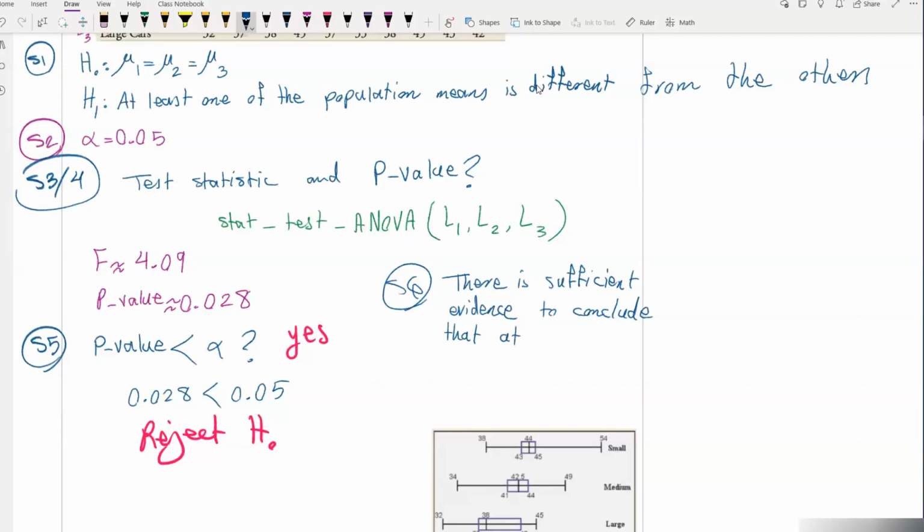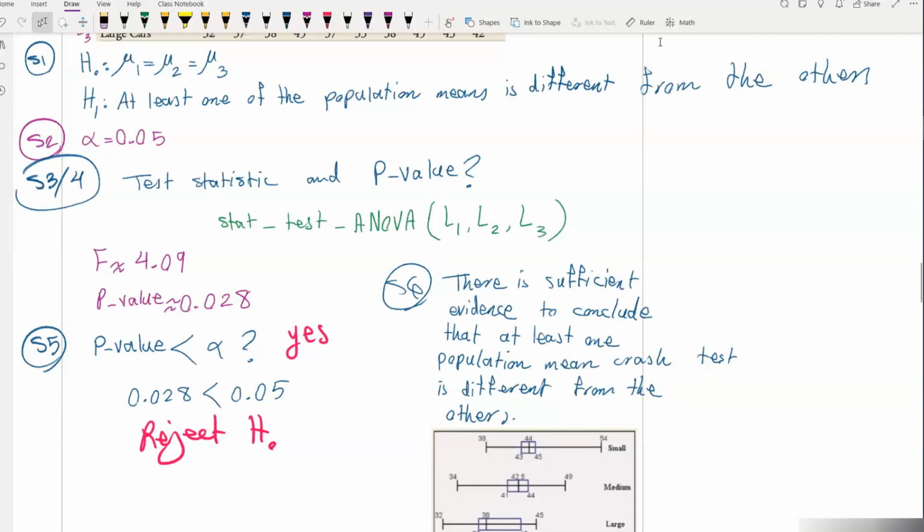For alternative, we have at least 1. So writing that part here. At least 1 population mean is different from the others.